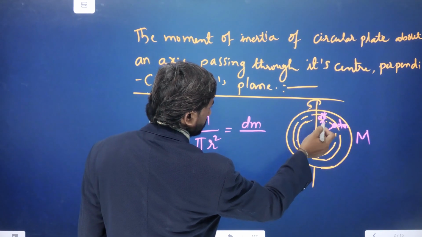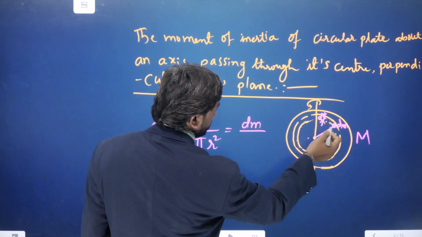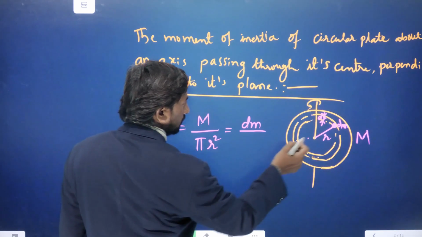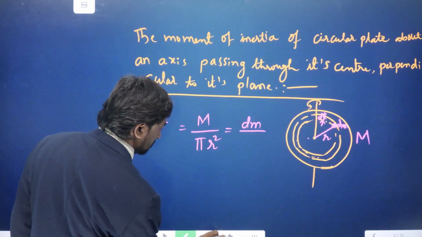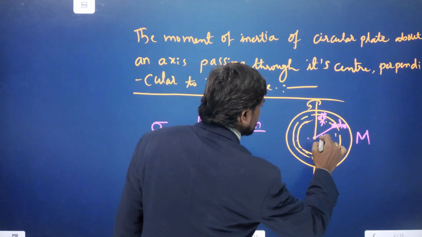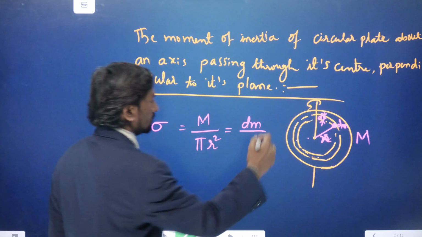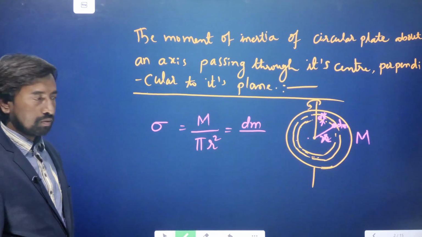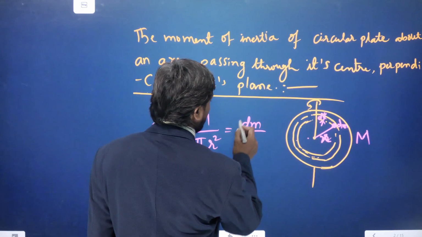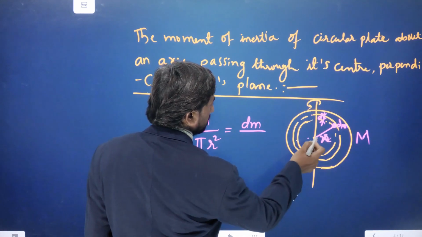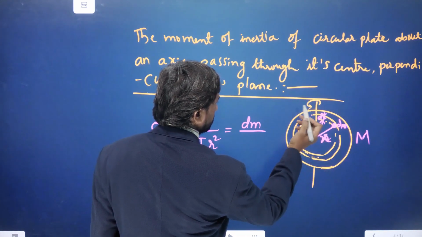Here dx into, what is the radius? Let us consider the distance to be x distance, and the radius of the circular plate we consider small r.